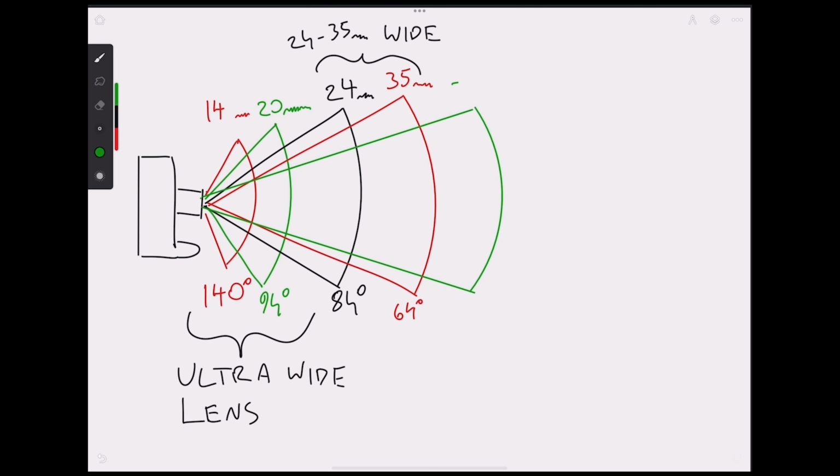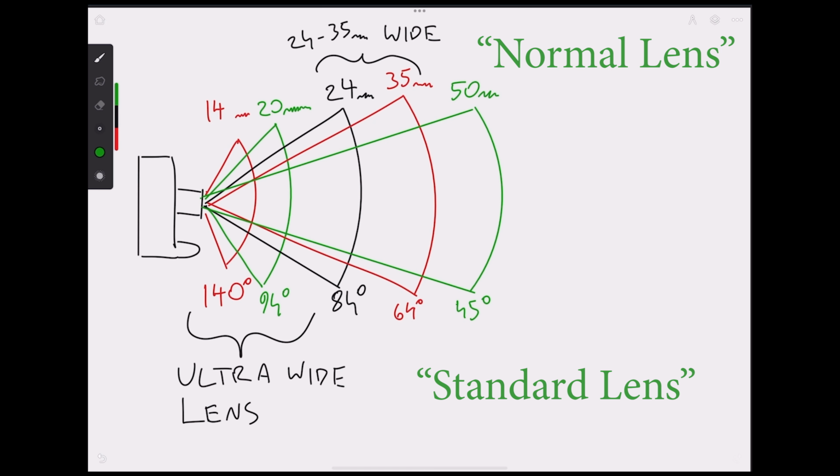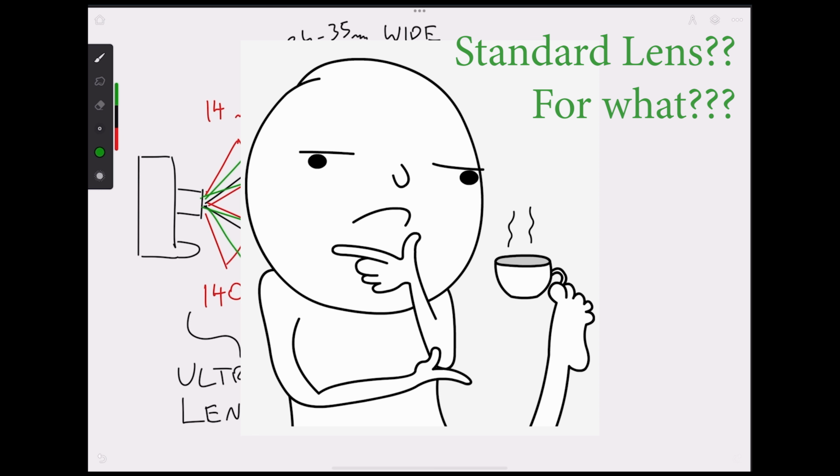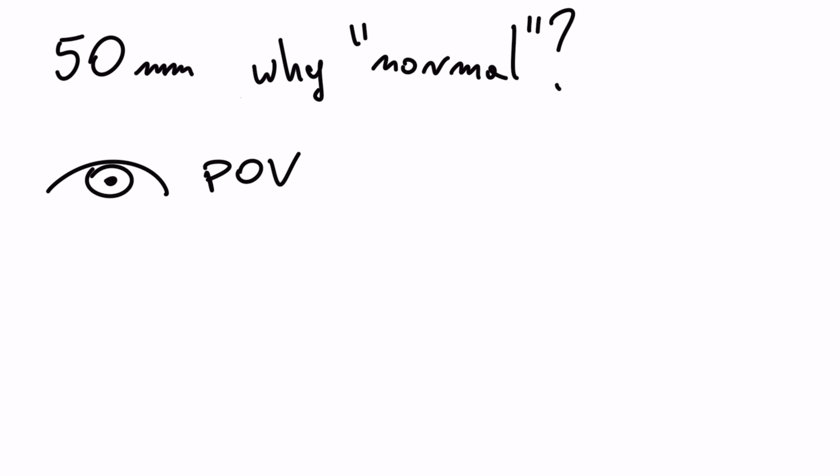This one is 50 millimeters at around 45 degrees. That one is called normal or standard. Why is it normal? For what is it a standard, you might ask? Because it matches human point of view, right?